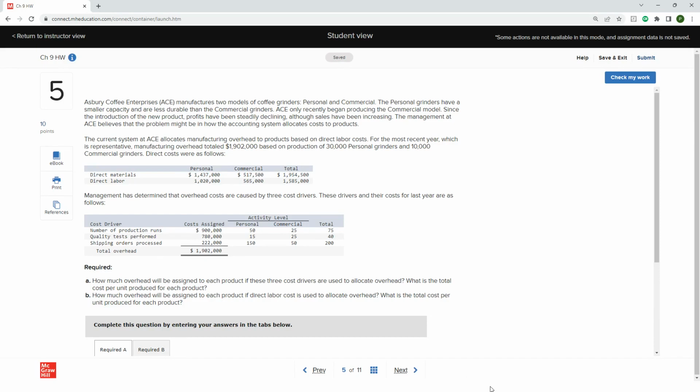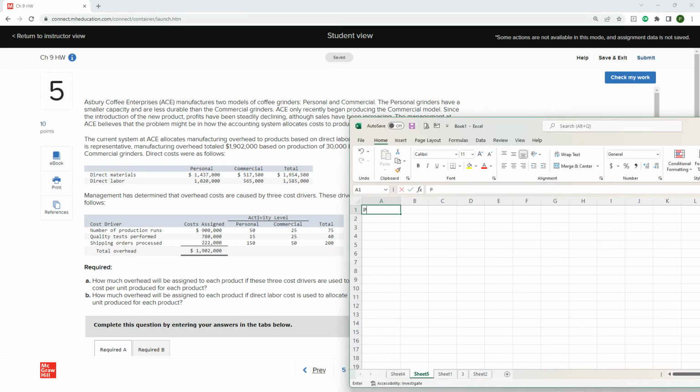So the first one is the production runs. We have $900,000 of production run costs, and we're going to divide that by the number of runs. So that'll give us $12,000 per production run. Next are the quality tests. We do $780,000 divided by a total of 40 quality tests, and that gives us $19,500 per test.